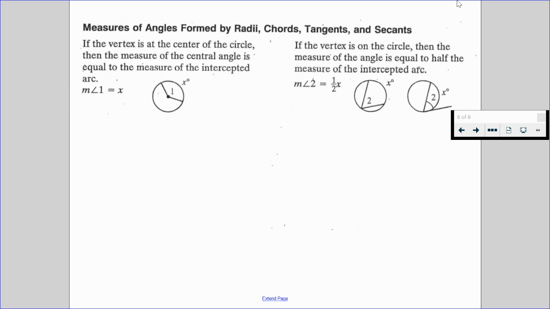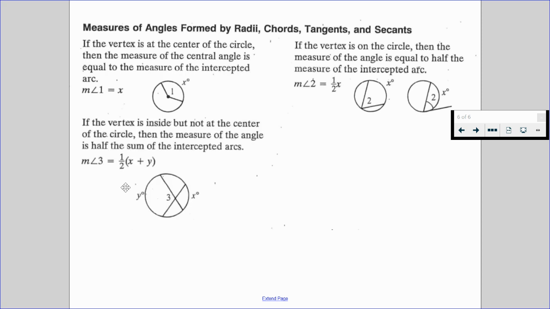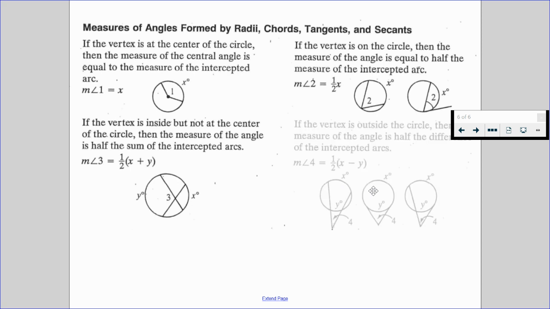So the measure of angle 2 is going to be equal to 1/2 the measure of arc x. If the vertex is inside but not at the center of the circle, then the measure of the angle is half the sum of the intercepted arcs. So the measure of angle 3 is going to be equal to half the sum of arc x plus y.